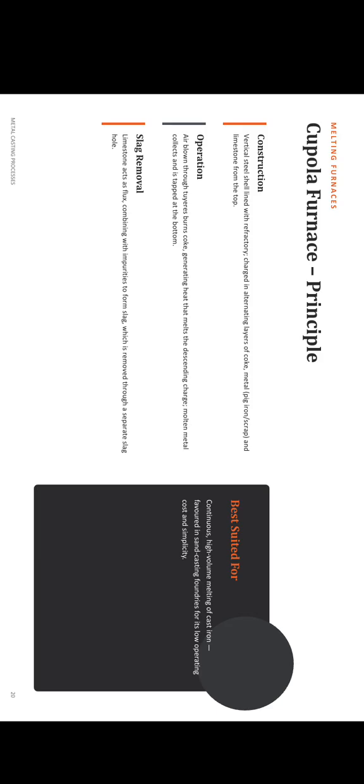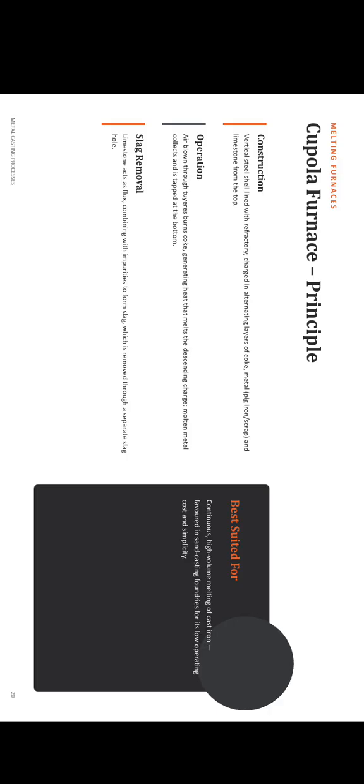Cupola furnace principle and construction: a vertical shell lined with refractory, charged in alternate layers of coke, metal, and limestone from the top. Operation: air blown through a tuyere burns the coke, generating heat that melts the charged metal, which is tapped at the bottom.